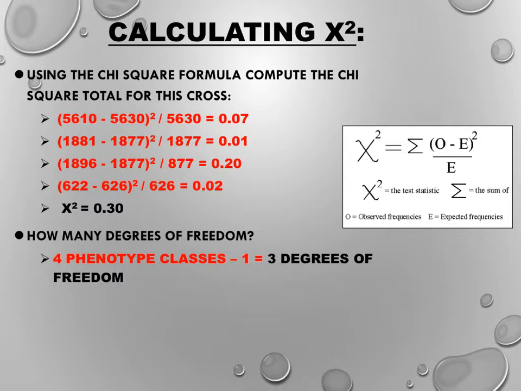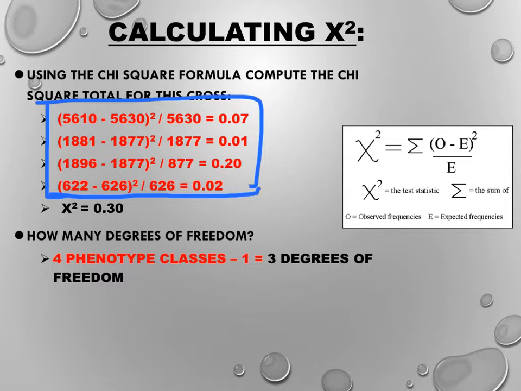So in the first part, it's laid out for you. I'm not going to read it out for you, but here it is. This would be the math behind the numbers that we just looked at. And then when we add them all together, our chi-square value is going to be 0.3.